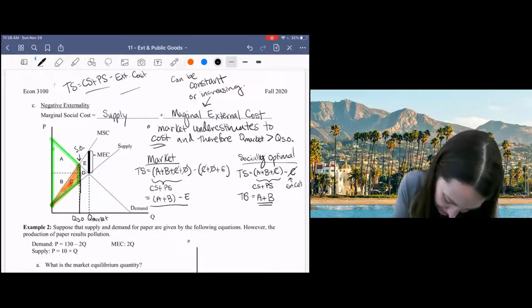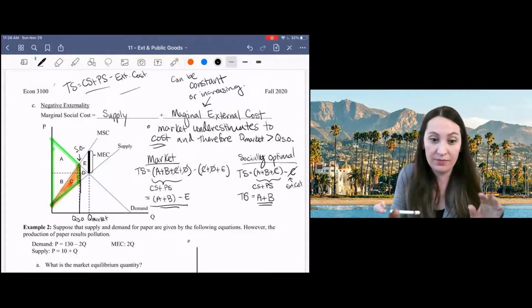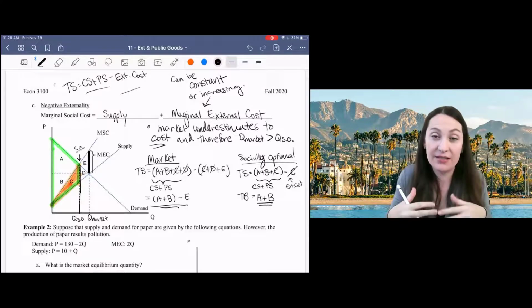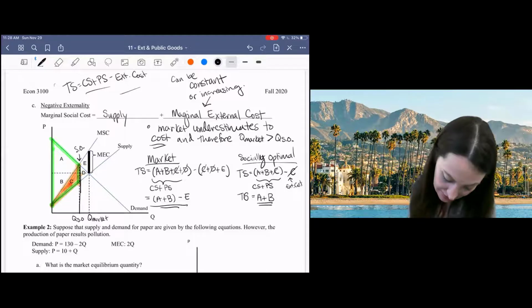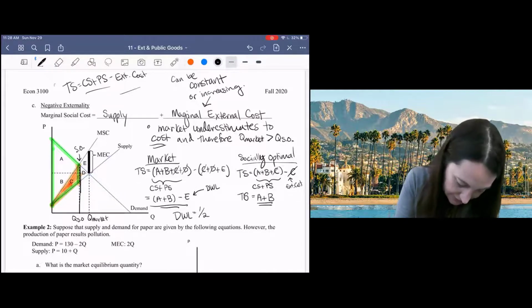So we compare these two outcomes in terms of total surplus, and we can see that the market equilibrium yields less total surplus than the socially optimal point. And how much lower it is, that's deadweight loss, is equivalent to the area of triangle E. So deadweight loss here, that's our deadweight loss, is going to be equal to, now let's just highlight that on your graph.